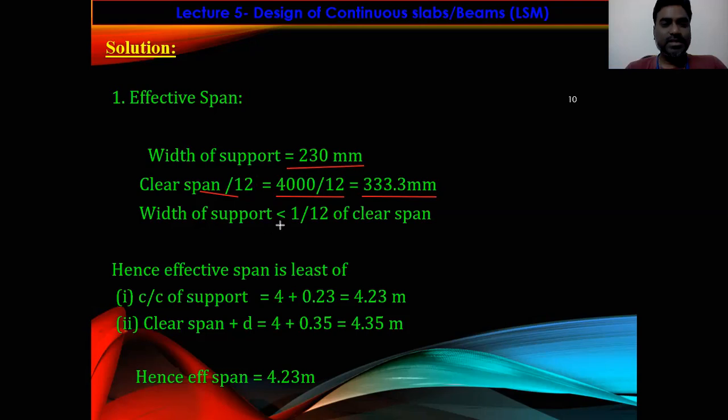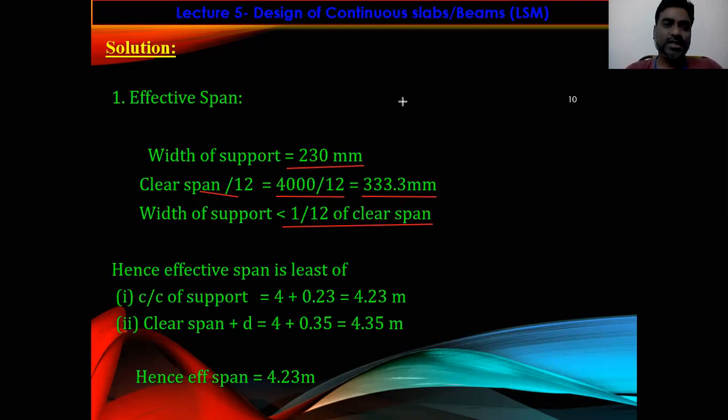The width of the support is 230, so 230 is less than 1/12 of the clear span. So in this case, the effective span should be calculated the same as for a simply supported beam. That means the center to center distance between the supports, or clear span plus effective depth, whichever is less.